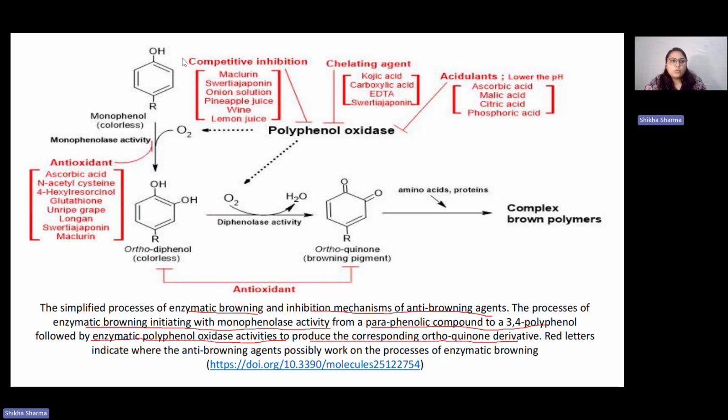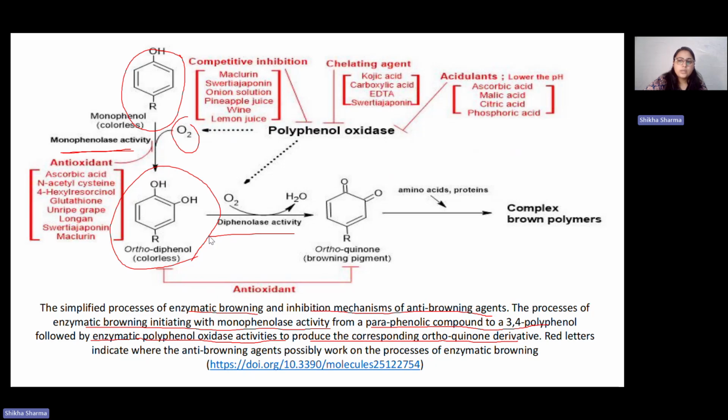So this is monophenols, a colorless compound, and monophenolase will act on it in the presence of oxygen. The monophenols will convert into diphenols. So ortho diphenols are formed, and it is a colorless compound. After that, diphenolase activity will act.